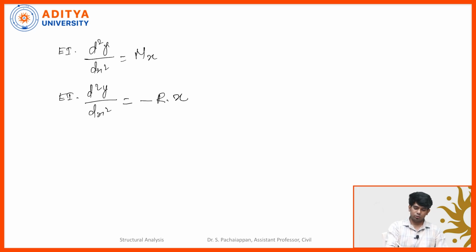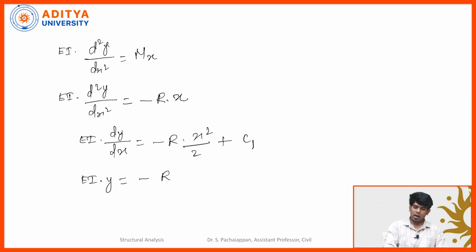Integrating both sides, I will get EI dy by dx equal to minus of R x square by 2 plus integral constant C1. Integrating once again, EI y equal to minus R by 2 into x cube by 3 plus C1 x plus C2.